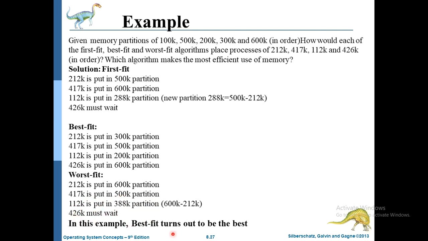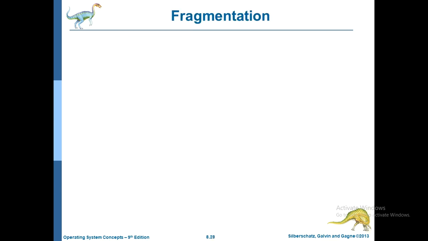So in this example, the best fit method is the best compared to the first fit and the worst fit methods, right? In all these three methods, we suffer from the fragmentation problem. What do you mean by fragmentation?